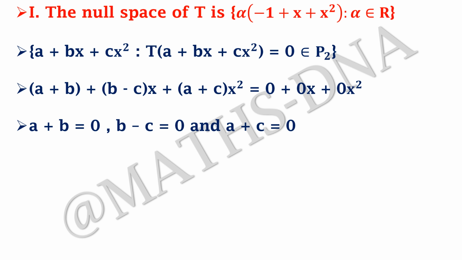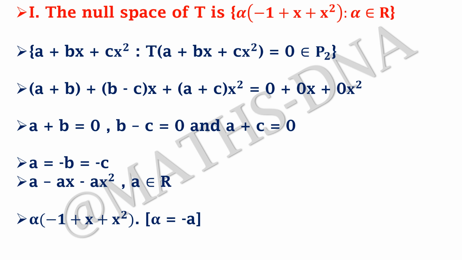So we get A plus B equals 0, B minus C equals 0, and A plus C equals 0. On solving these 3 equations, which is very simple, we get A equals minus B equals minus C, and this gives our transformation as A minus AX square for all A belongs to R. B and C are replaced by minus A. Now taking minus A common, we get alpha into (minus 1 plus X square), where alpha is nothing but minus A. So the first statement is correct, that the null space of T is alpha into (minus 1 plus X square).